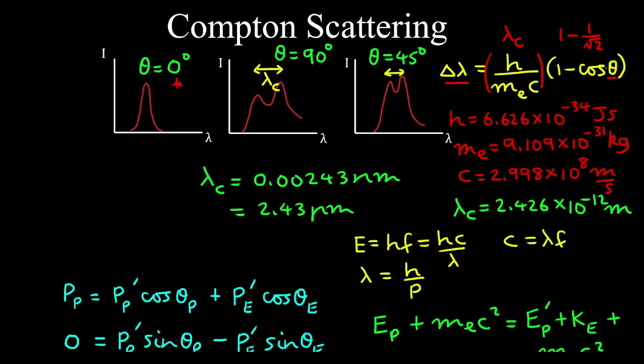And if you increase the angle to 180 degrees, so cosine pi is minus 1. So in that case, the Compton shift is equal to twice the Compton wavelength, which is the maximum shift that can occur.